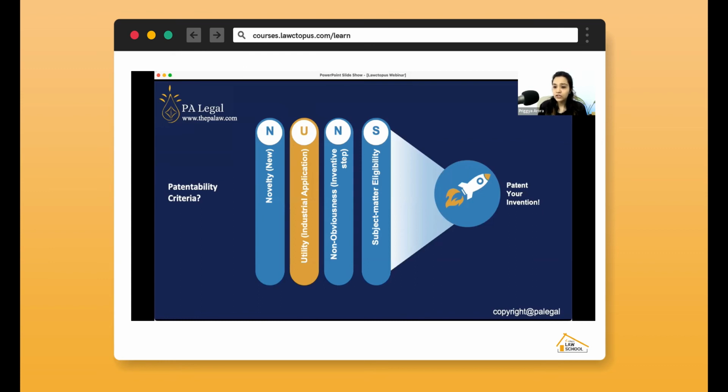The third is non-obviousness. Here comes the difficult part while prosecuting a patent application. In novelty we saw that this should not exist anywhere in the world in the exactly similar manner.